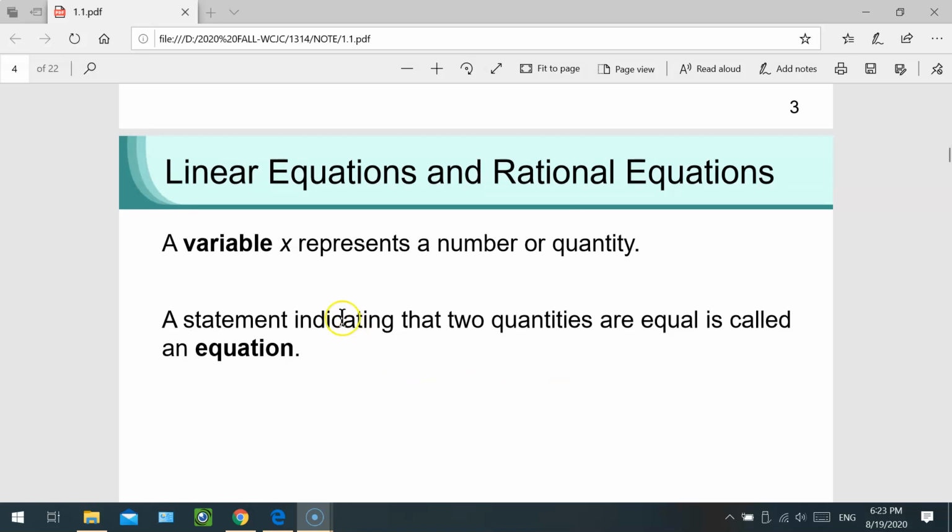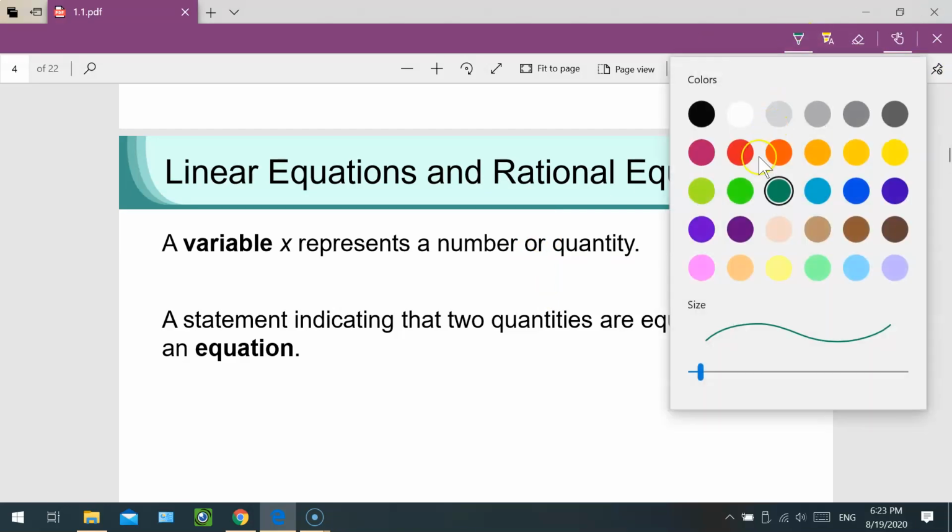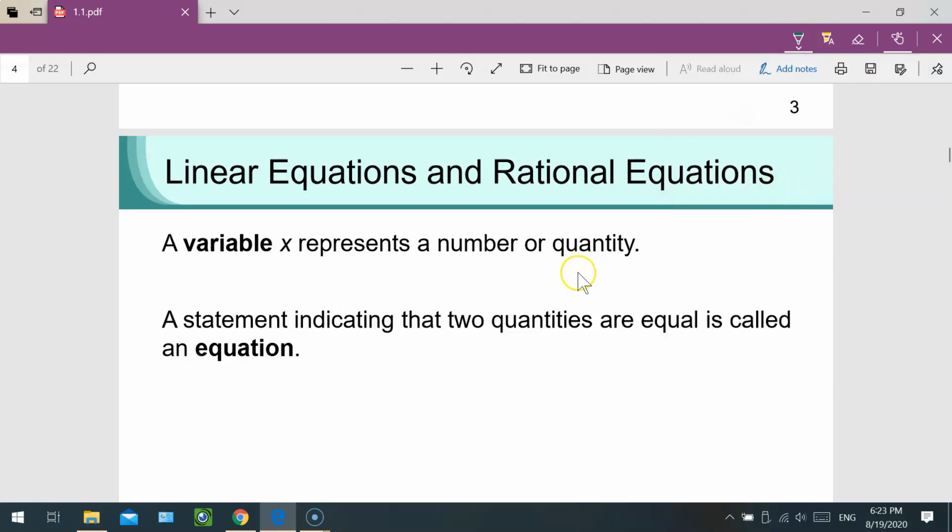Now, a variable x represents a number or a quantity, right? When you have the middle school algebra 1, you start to learn the x, right? So from your previous math course, you learned that x plus 3 equals 2.